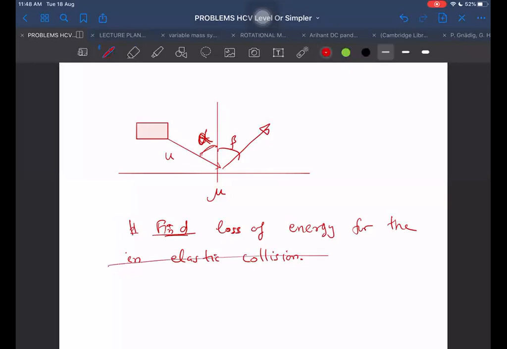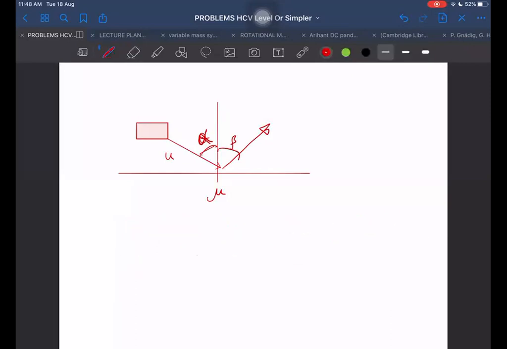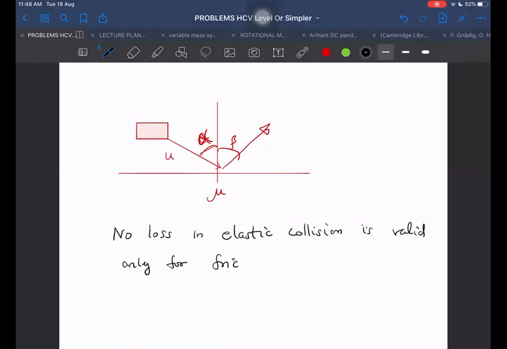Yes. No loss of energy for elastic collision is applicable only for which case? No loss in elastic collisions is valid only for frictionless surfaces.